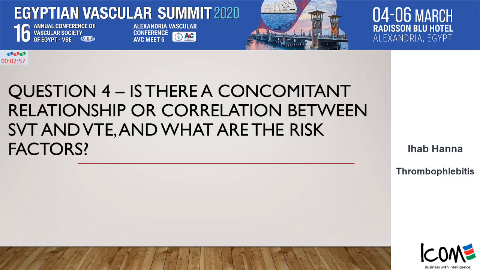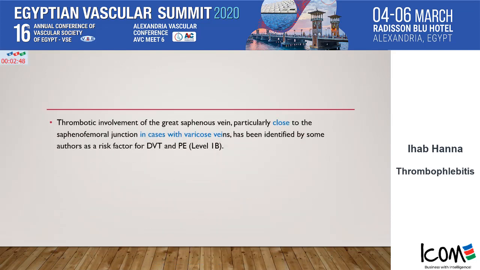The fourth question: is there a concomitant relationship or correlation between superficial vein thrombosis and venous thromboembolism, and what are the risk factors? Thrombotic involvement of the great saphenous vein, particularly close to the saphenofemoral junction in cases of varicose veins, has a high incidence of DVT and pulmonary embolism, level 1B.